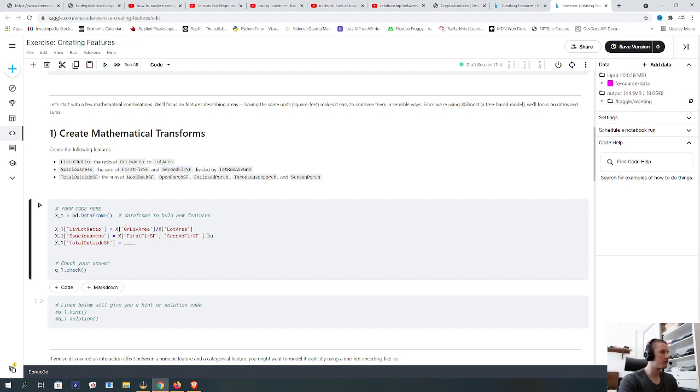Dot sum divided by the sum of all these things. So 1, 2, 3, 4, 5.